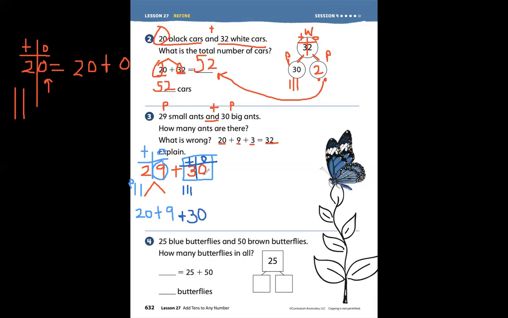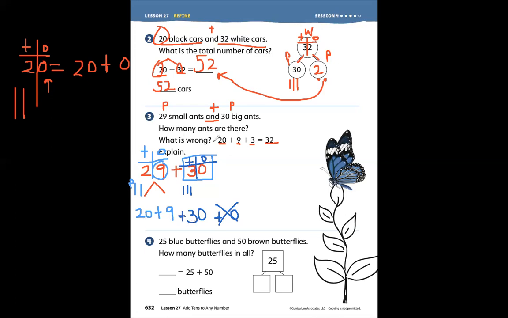Then you add the value of the ones place. Over here, there are 0 ones. So I could write plus 0 if I want to. But when I add 0 to any number, I'm going to get the total of the sum of all of the parts, the same as if I did not add any more numbers. So now I have 20 plus 9 plus 30.